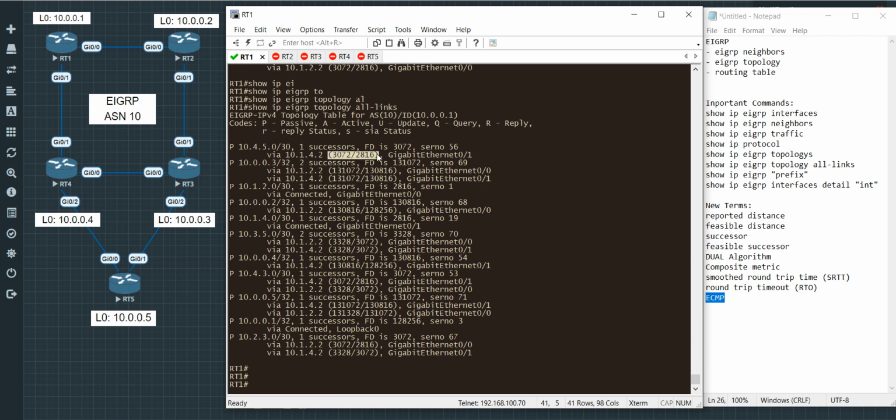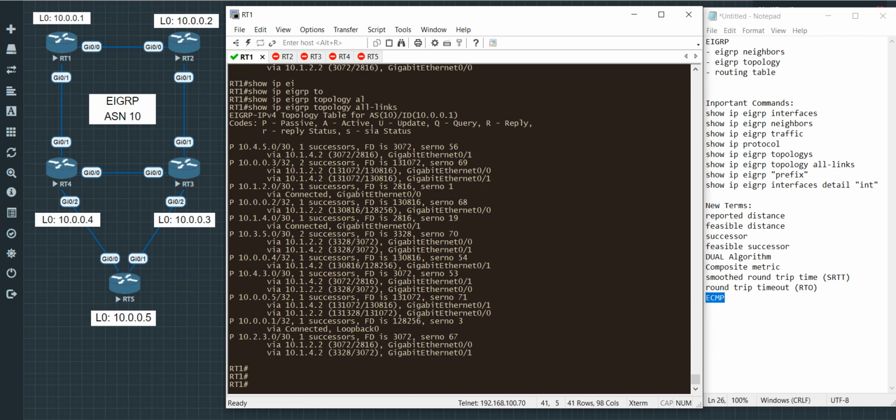The way these two values are calculated is that EIGRP uses a formula called the DUAL formula. We won't get into the formula itself because it's very complex, but we will look at the values that it calculated.